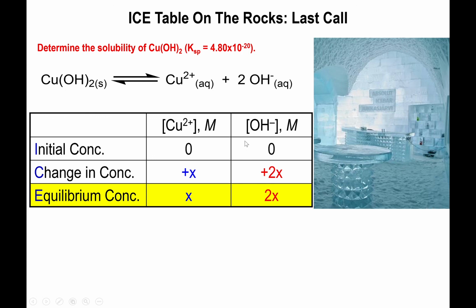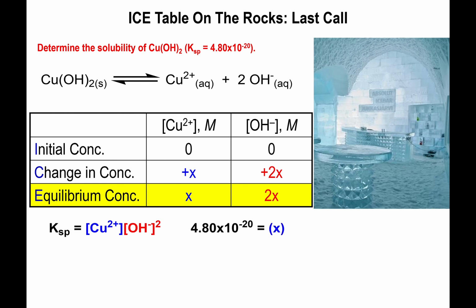Now setting up the KSP expression, you basically have copper raised to the first power, but you're going to have hydroxide raised to the second power, right? So don't forget, you still need to incorporate that into the equilibrium expression. And here, you now input the values of the equilibrium concentrations, x for copper and 2x for hydroxide.